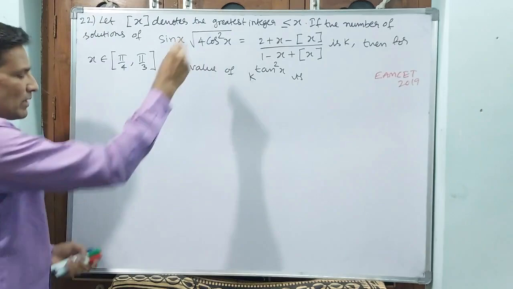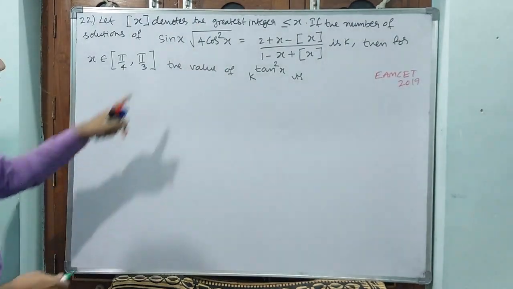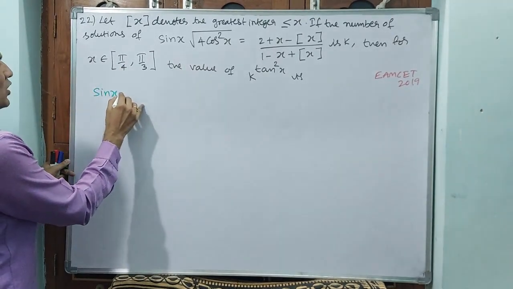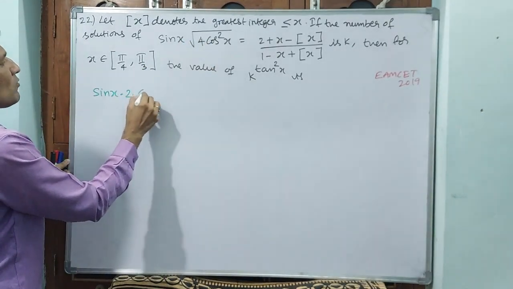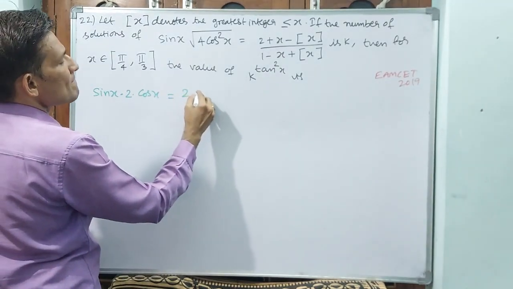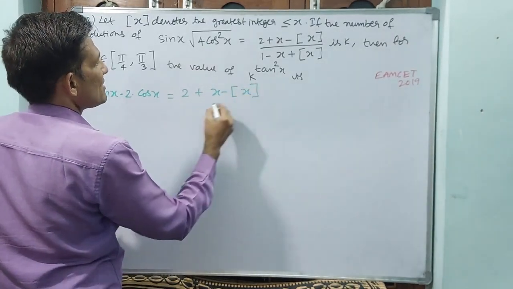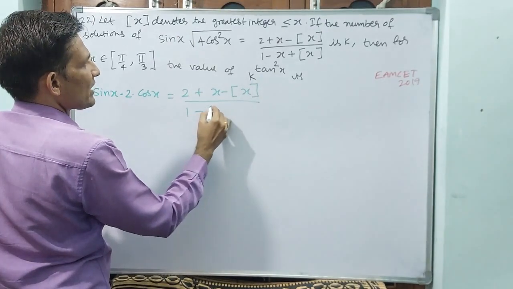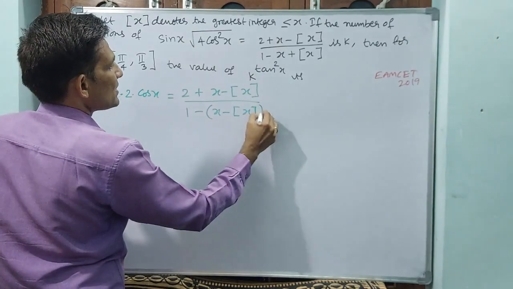Okay. Now let us proceed further. Observe carefully how to solve this question. Okay. See what I am writing. Sin x you write. Okay. Square root of 4 cos square x means if we remove the square, shall I write 2 into cos x, that is equal to 2 plus x minus, divided by this also you see 1 minus, I have taken common, then x minus. Shall I write like this?